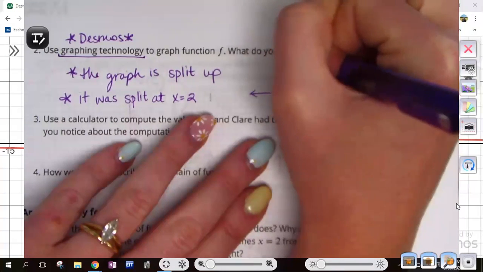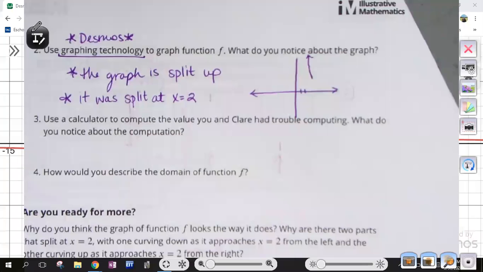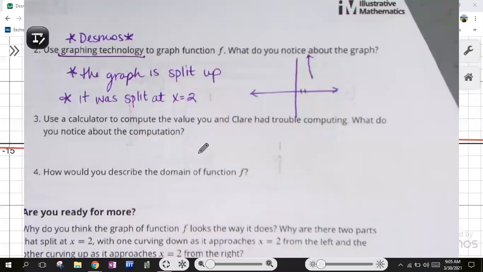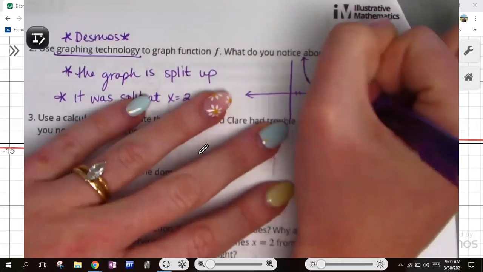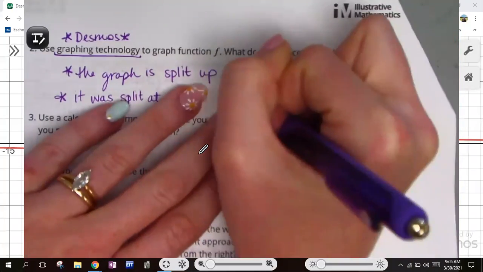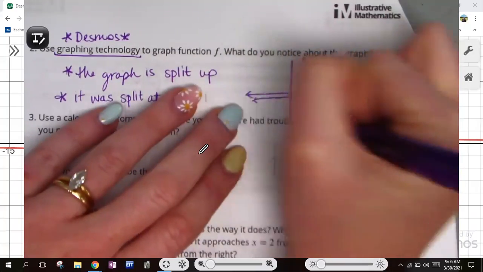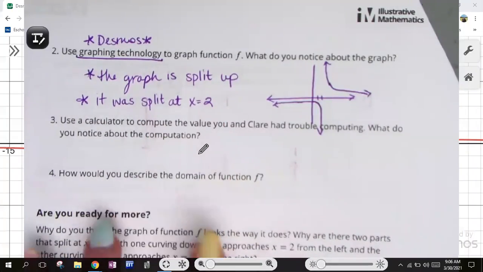Kind of looks like this. Okay. So the graph is split up and it was split at x equals 2.